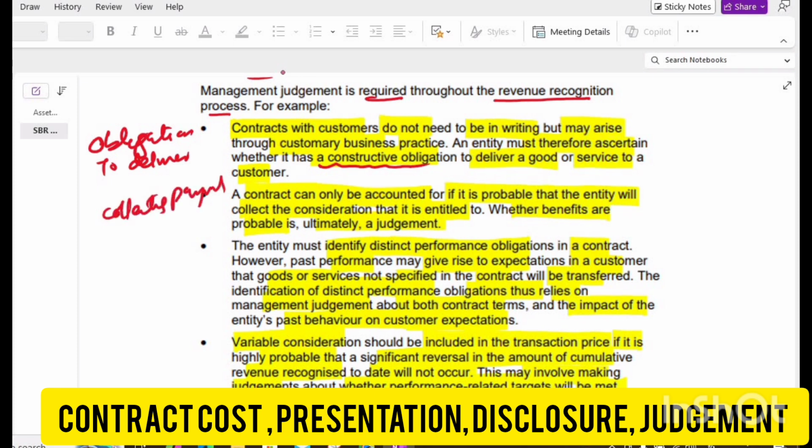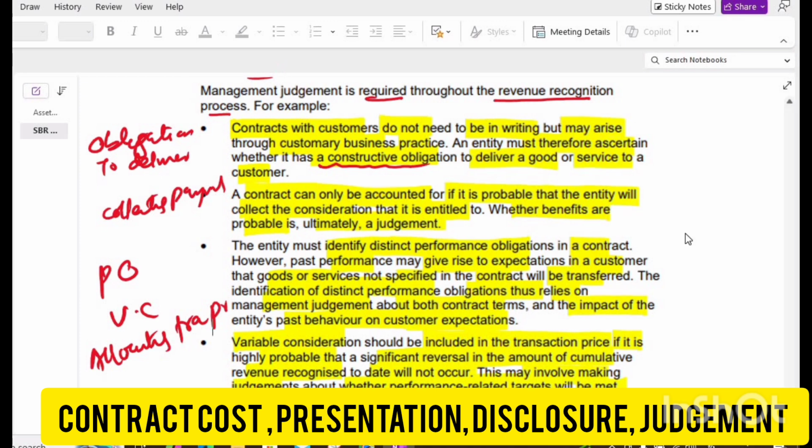This is another judgment: is it probable that the company will get paid? Then we have performance obligations, that is, identifying what is distinct, and then variable consideration, when a price can change, whether it is probable that it will not affect the revenue. Then we also discussed allocating the transaction price, which means using observable prices or estimation.